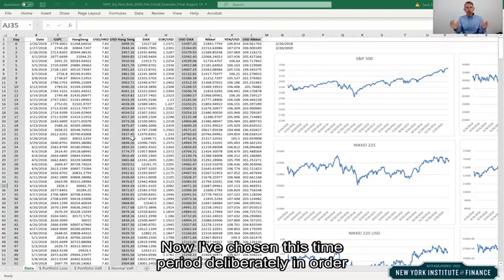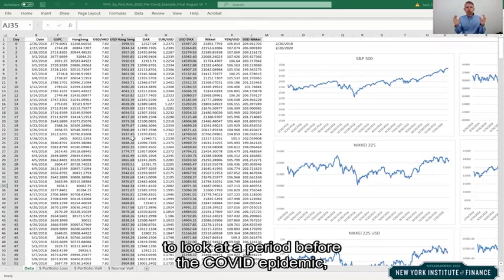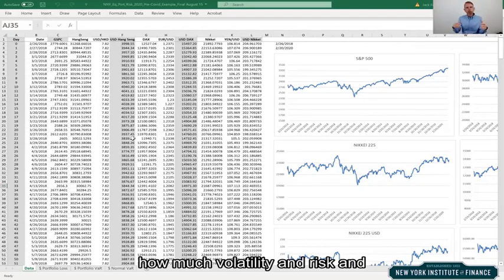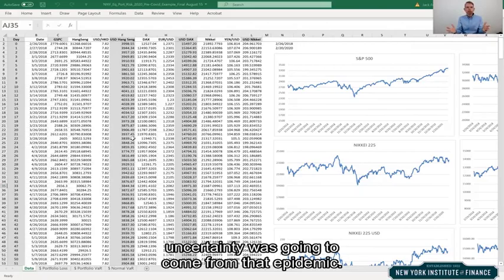I've chosen this time period deliberately in order to look at a period before the COVID epidemic, or not exactly before, but before the market really had a good idea of how much volatility, risk and uncertainty was going to come from that epidemic.